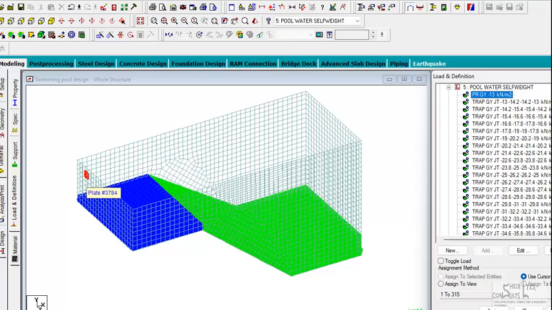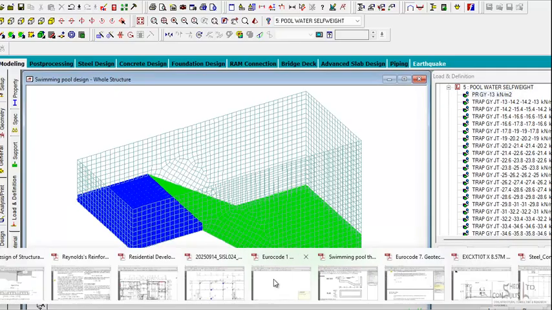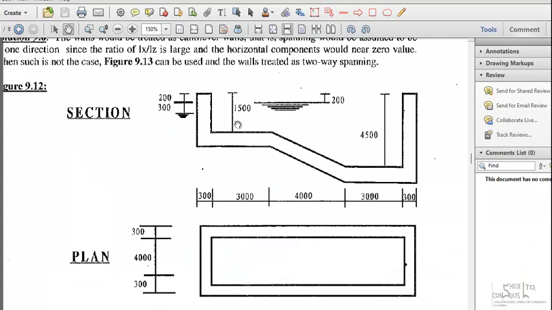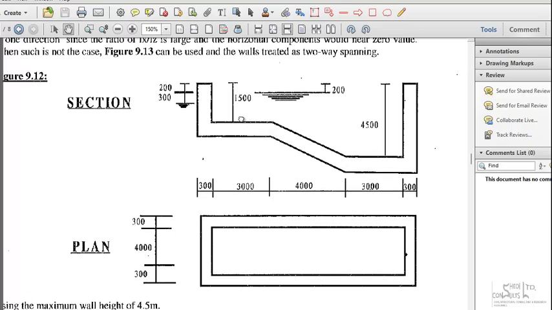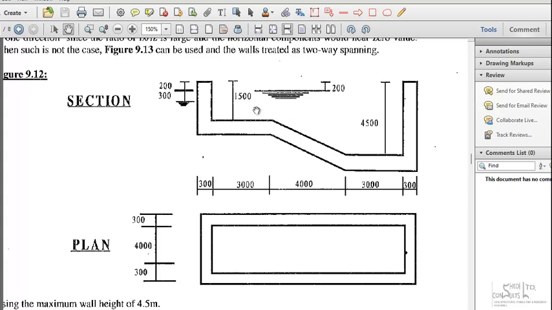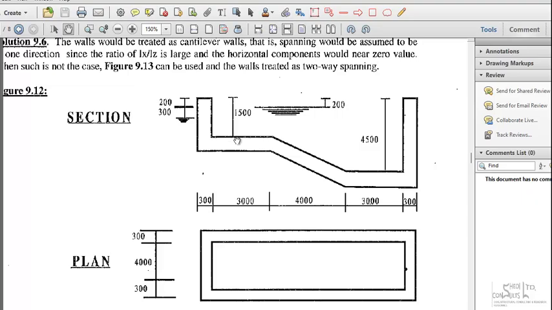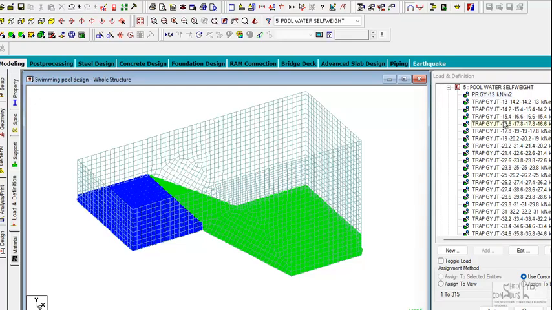Recall that the freeboard is about 200, so the depth of water is 1,300 millimeters, which is 1.3 meters. The specific weight of water is taken as 10 kilonewtons per cubic meter, so the water pressure at the base is 13 kilopascal. That's the water pressure applied at the base.